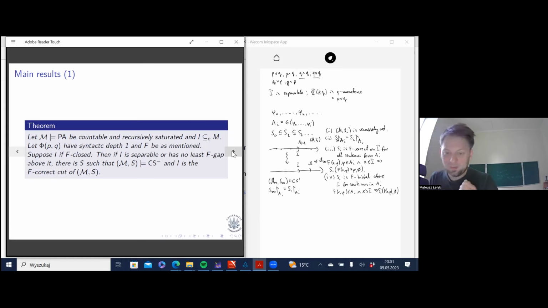Moreover, it behaves as desired with respect to elements of A_{i+1} which are of the form f(x, phi), which means that for every phi in A_{i+1} and for every x in I, if f(x, phi) belongs to A_{i+1}, then S_infinity satisfies phi is equivalent to f(x, phi) by the empty assignment.